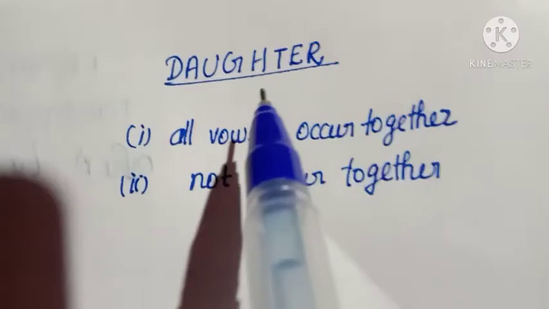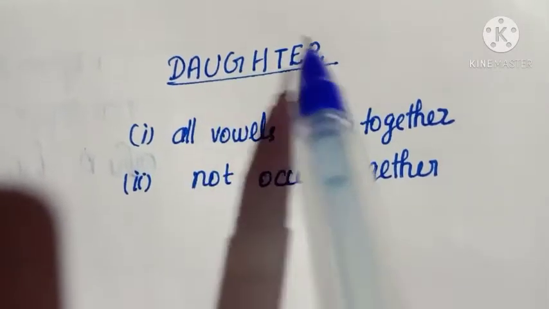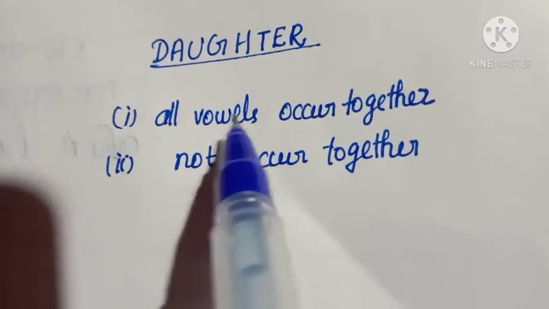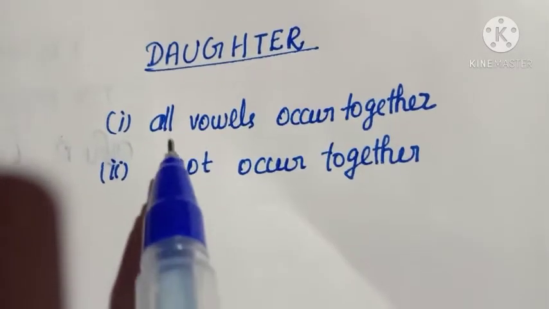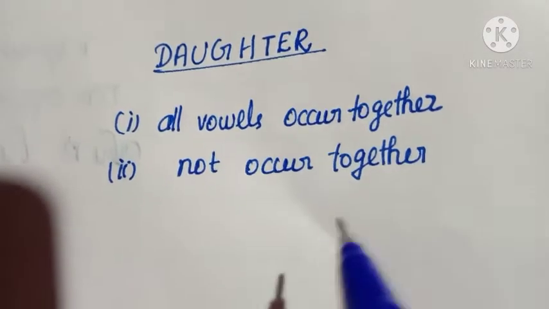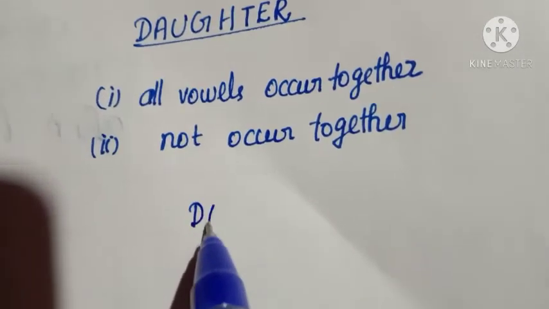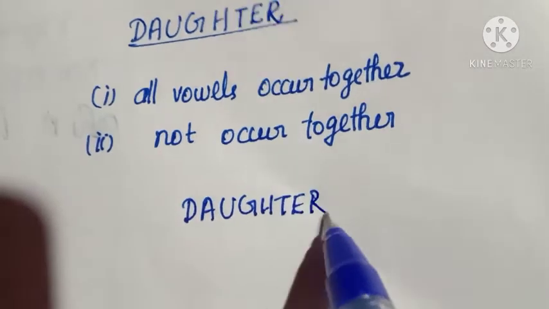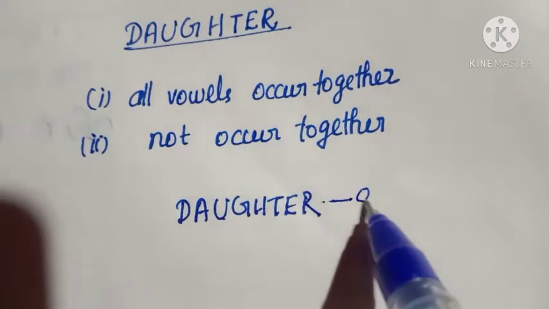Next question: we have the word daughter and we need to find the number of permutations when all vowels occur together and when all vowels do not occur together. In the word daughter, all the letters are different, so there are 8 different letters.